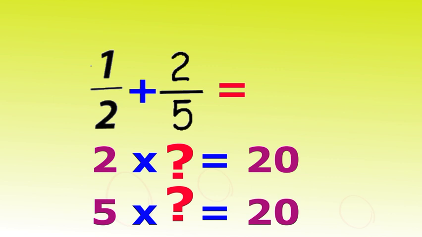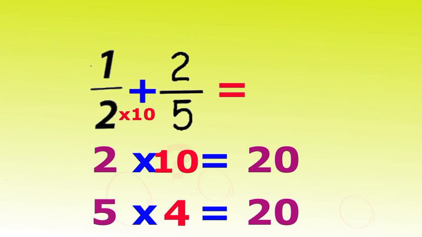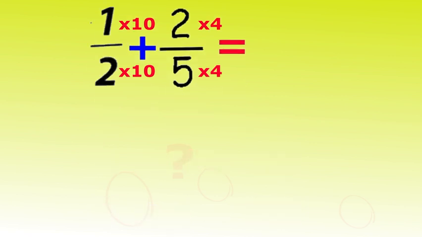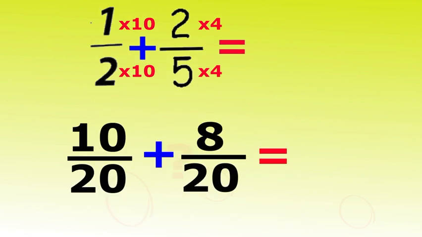So, for the first fraction, multiplying the denominator 2 by 10 gives us 20, and for the second, multiplying the denominator 5 by 4 gives us 20. And again, you must also multiply the numerator by the exact same number that you multiplied the denominators by. The resulting equivalent fractions then are 10/20, which is obviously half, and 8/20.